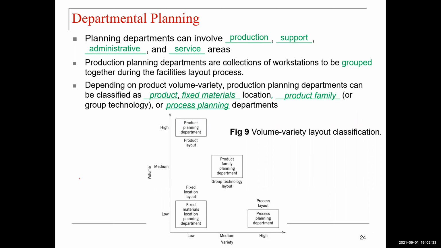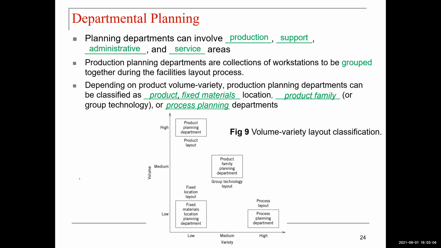A product family planning department could be, let's say you're manufacturing cell phones. Most of the technology will be the same, but there will be differences in certain things, like you have different Samsung models or iPhone models. So you can classify that as a product family, and you can take that through a product family planning department.